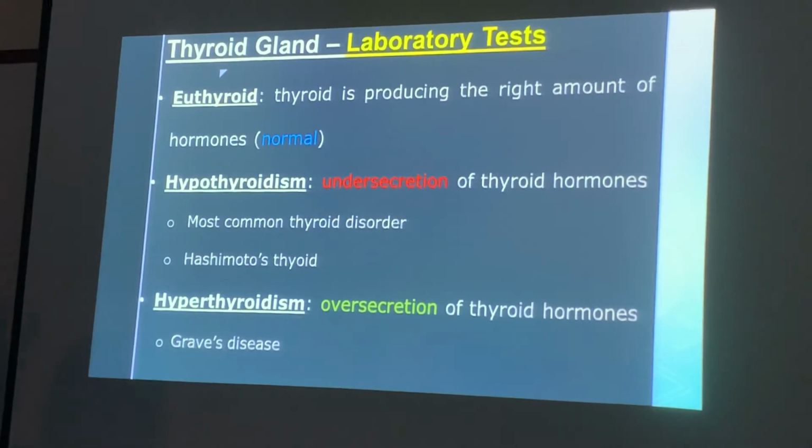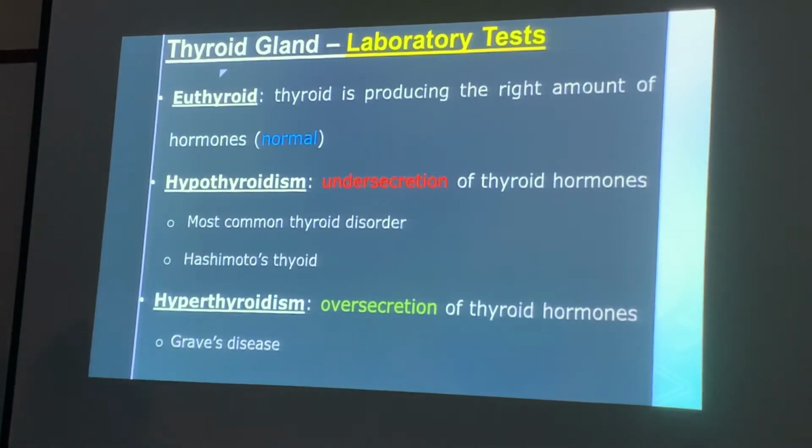A lot of these are basically overproduction or not enough production of thyroid hormone. So they're going to have a lot of similarities when it comes to appearance, but you do have to know the differences in these diseases.